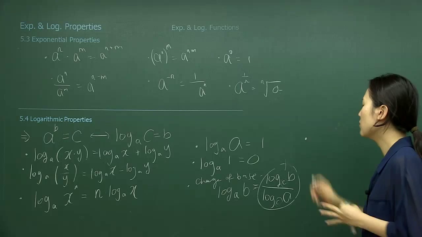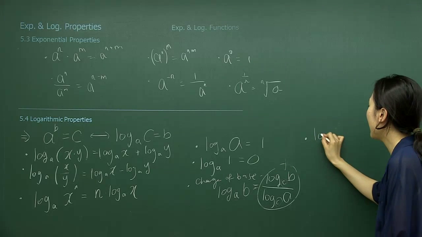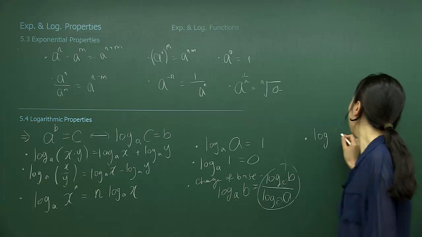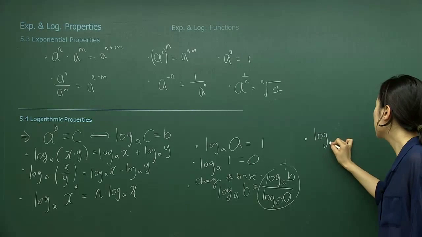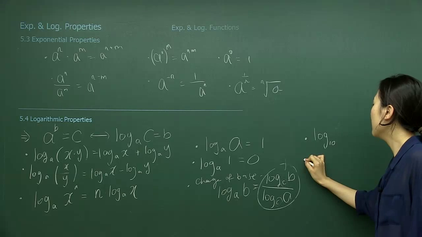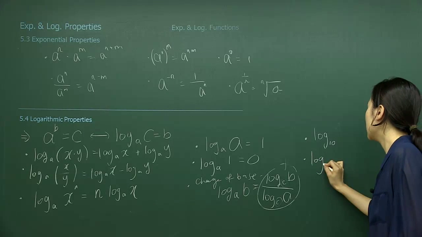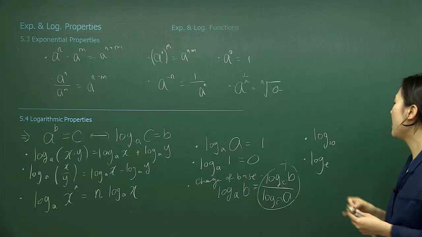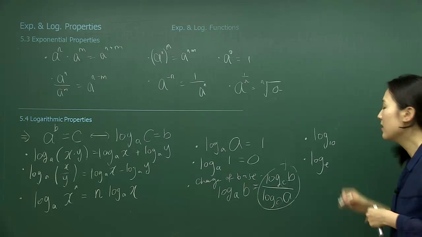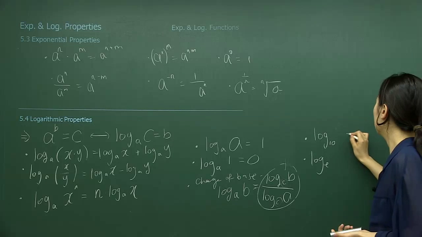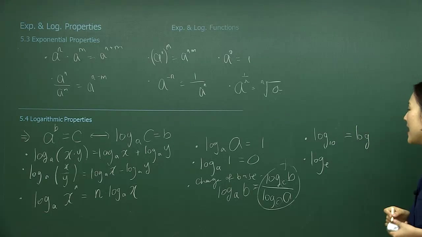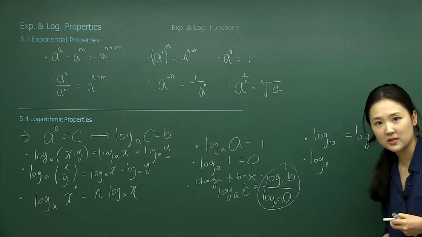Other properties, well, actually, this is more of a fact. There are two special bases. One of them is base 10, and the next one is base e. They're special because when you have log with base 10, that just becomes log. Meaning, for base 10, you don't really have to write the base.